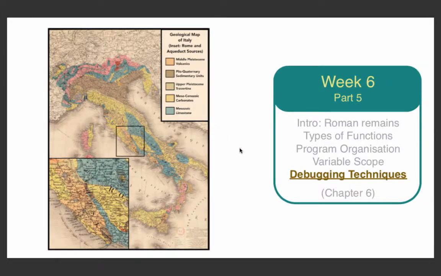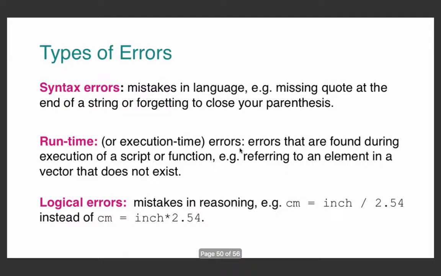So I just wanted to finish off these last few slides from last week talking about debugging. Okay, so bugs are what we call errors in programs, and there's different types of errors. So one type of error is a syntax error. This is where I guess you haven't followed the grammar of the language, so to speak.